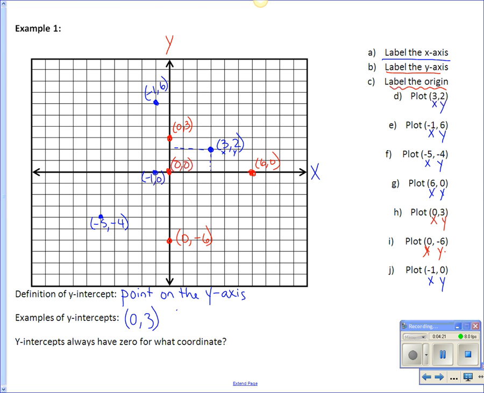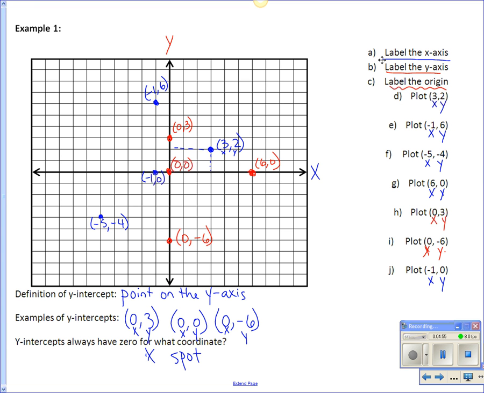The next point is 0, 0. And the last point on the y-axis is 0, -6. The question says y-intercepts always have 0 for what coordinate? Well, if you label your points right here, you can see that they all have a 0 in the X spot.